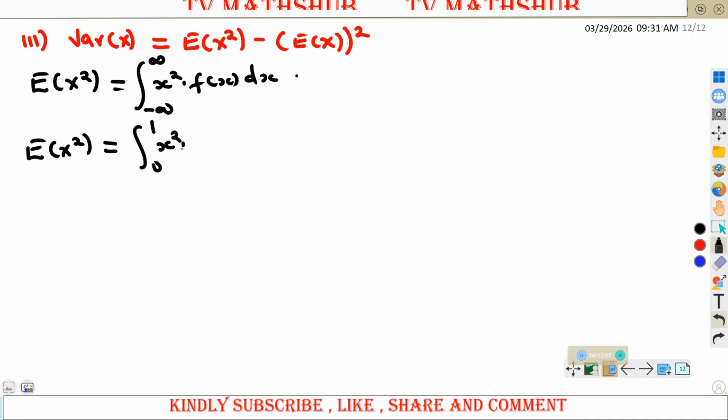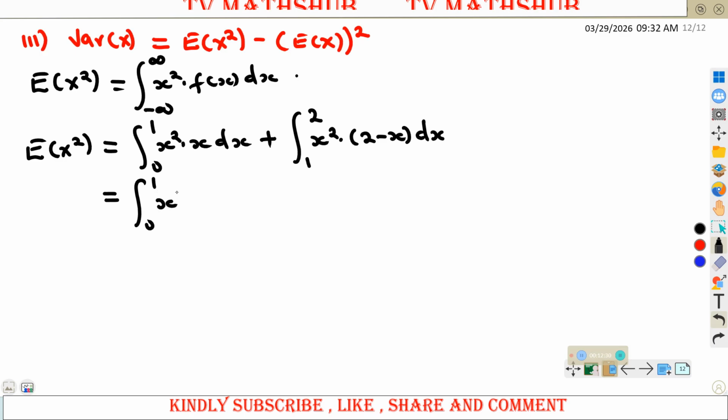That is x squared times the function, which is x, dx, plus the next, from 1 to 2, x squared times the function, which is 2 minus x, dx. Let us deal with this. This is the same as the integral from 0 to 1 of x to the power 3 dx, plus from 1 to 2, 2x squared minus x to the power 3 dx.